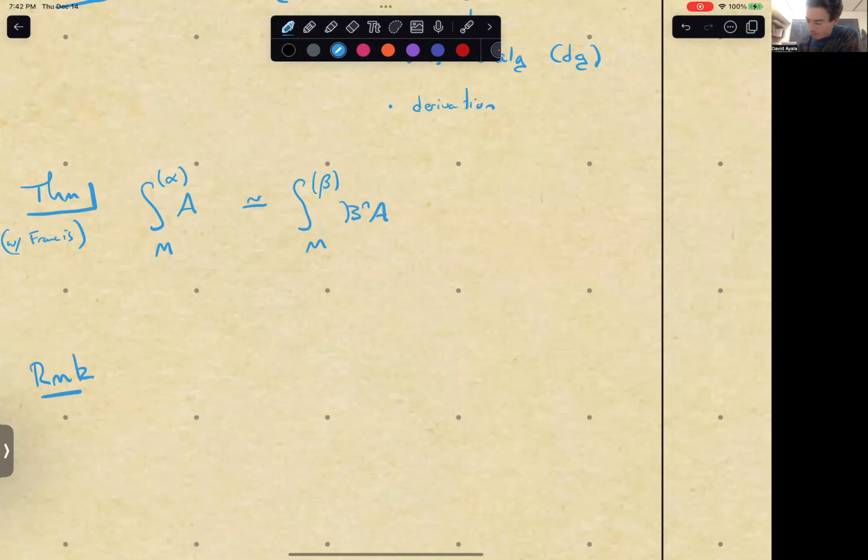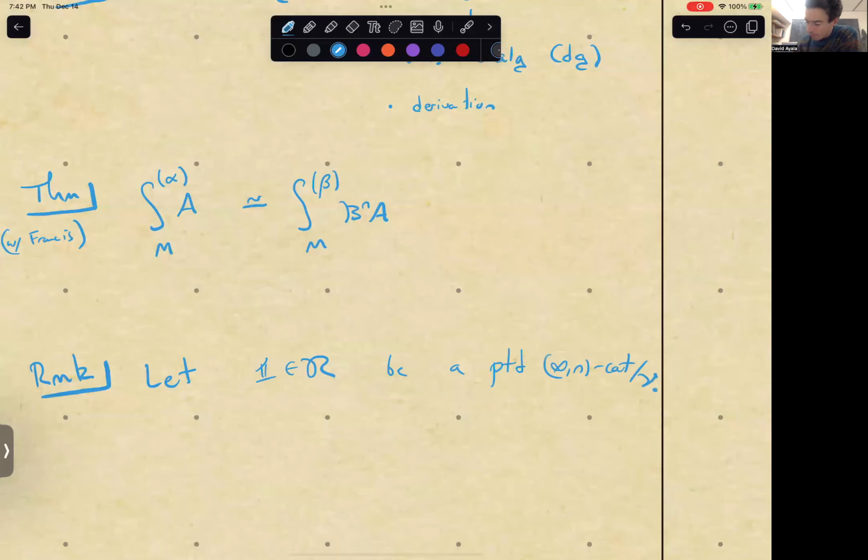Yeah. Thank you. So let this be a pointed infinity n category enriched in V. Then one can extract from it the n endomorphisms of that point, and the composition rule will endow this.